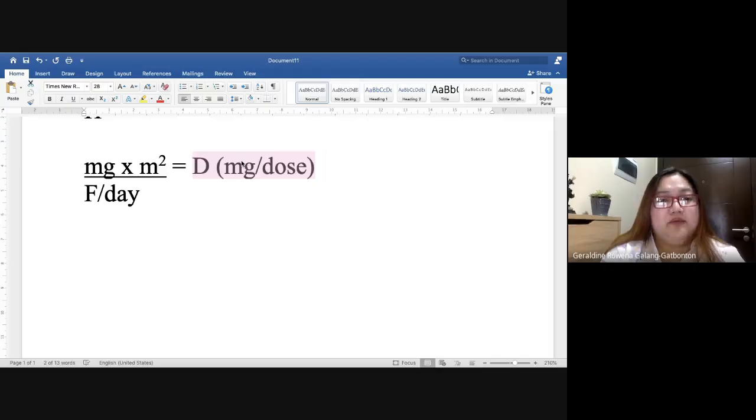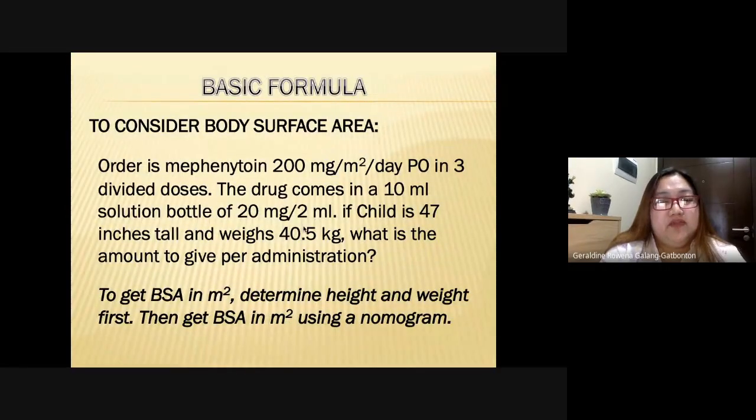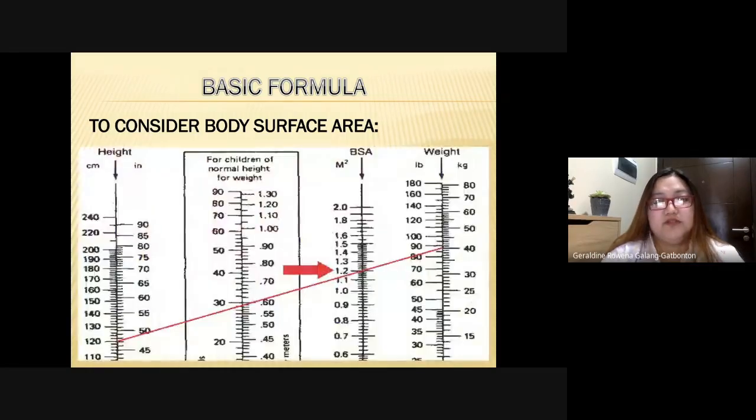Okay? Now, given dyan yung height, 47 inches, and weight, 40.5 kilo. So, yun yung kailangan nating makuha muna yung meter squared.